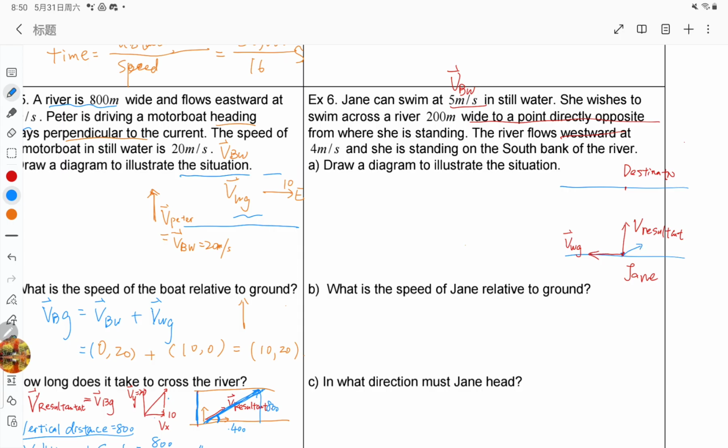V Jen, right? V Jen and V water are both relative to the water, right? Sorry for calling Jen the boat all the time.